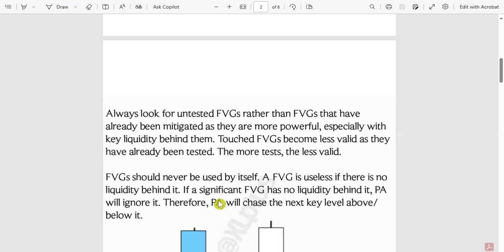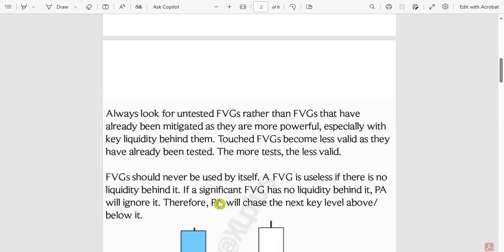And the touched fair value gaps or the mitigated fair value gaps become less valid as they have already been tested. So you know, the more the test, the less valid that fair value gap becomes. And here you need to know that the touched or mitigated fair value gaps tend to become inducement levels.